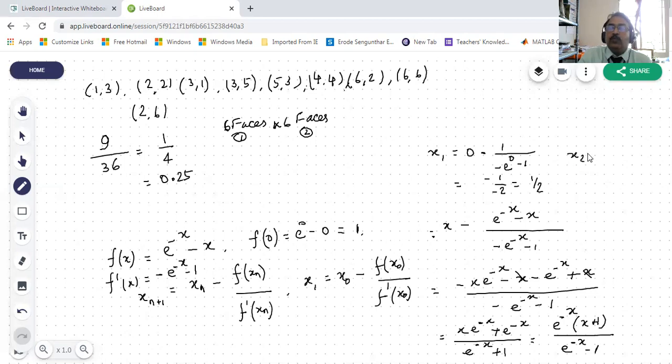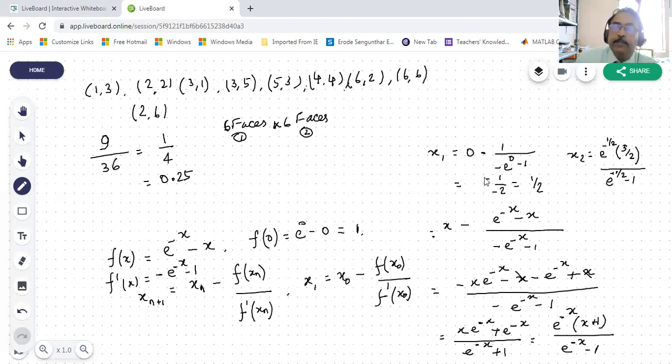X2 is equal to e power minus 1 by 2 into 3 by 2, divided by e power minus 1 by 2 minus 1.